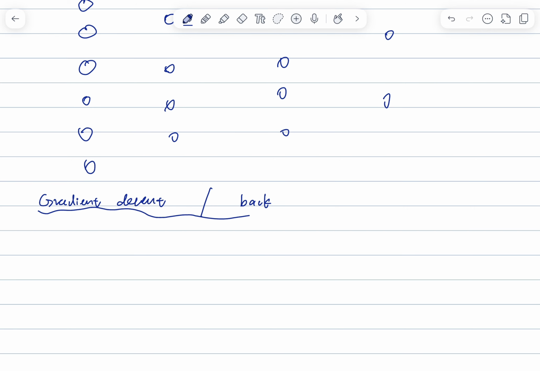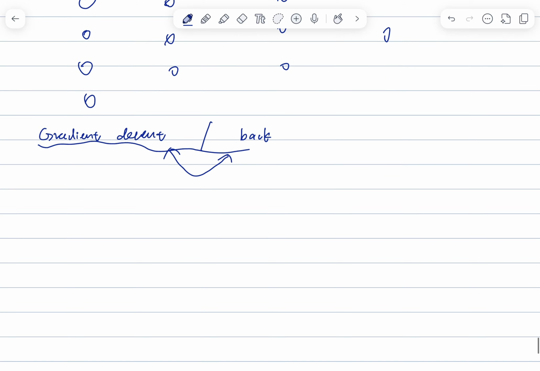What I have in mind right now is that gradient descent gives you a direction of where you need to go, and then backpropagation tells you how much you need to go there. That's the current state for me right now, but I could be wrong.